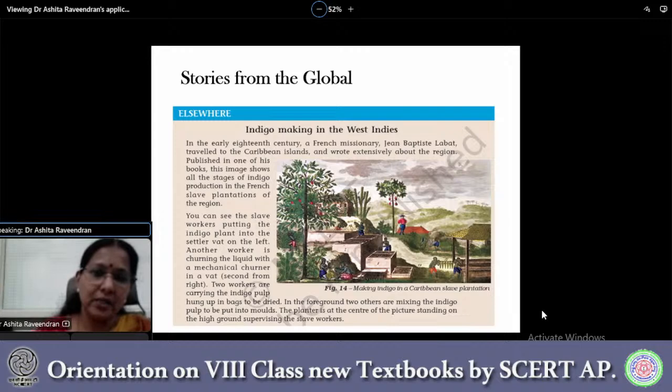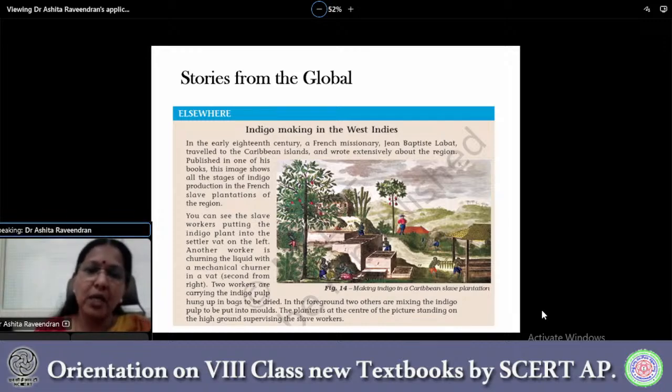For example, there are many paintings in our country pertaining to various time periods which have been replicated in other countries also. How these similarities happen is a thought-provoking situation provided to the children.